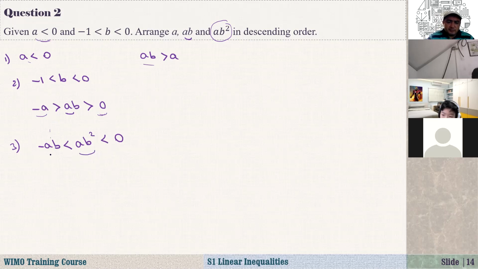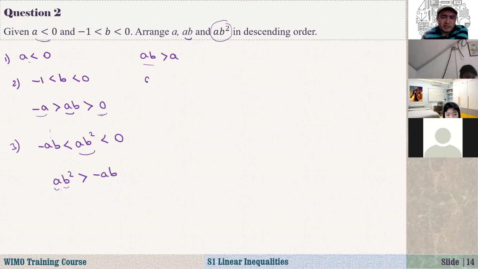And how can I compare with AB? As you see here, AB is a positive number. AB squared is negative because A is negative and B squared is positive, so it's negative.